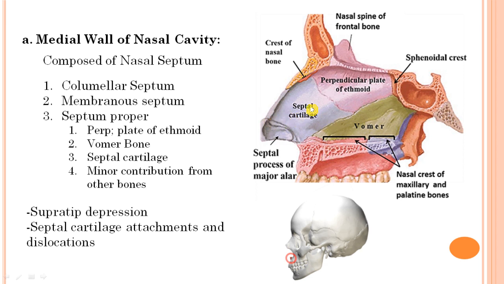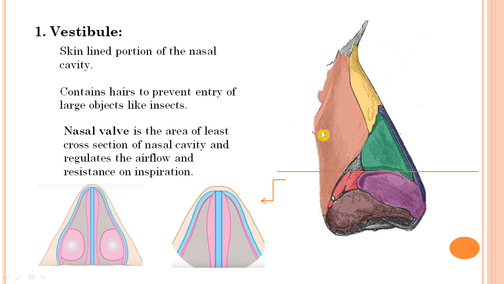Moreover, we have also said that this septal cartilage is lying on the tip or the dorsum of the nose as well, and it is attached to the lateral cartilage as well. We have shown it here in this first slide, that this is your septal cartilage and this is your lateral cartilage, so they are joined with one another.